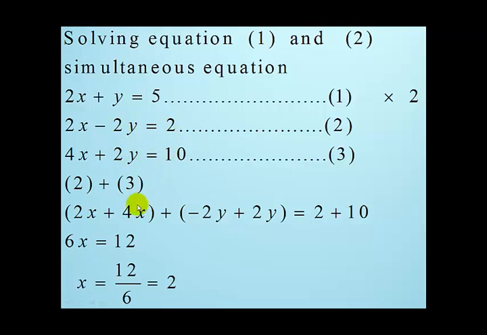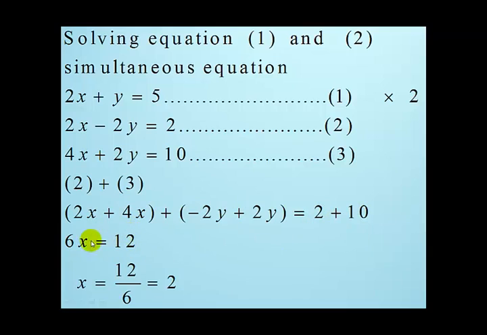Now when we add 2x to 4x, the result is 6x. Minus 2y plus 2y will give us 0. And 0 plus 6x equals 6x. This is equal to 2 plus 10, which is 12. And that's how come we have 12 here.